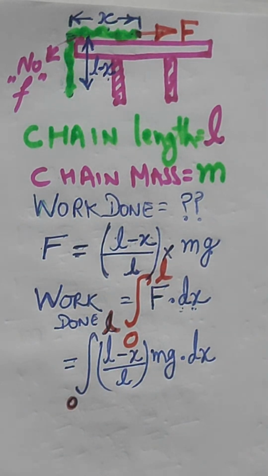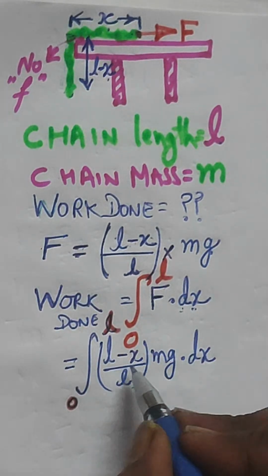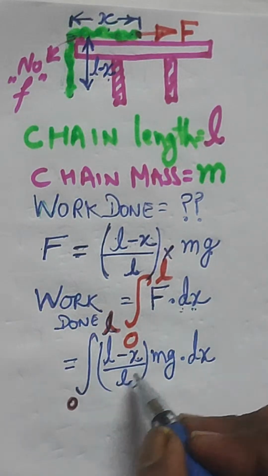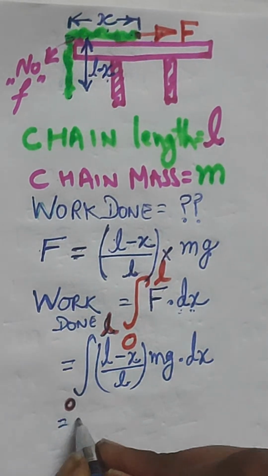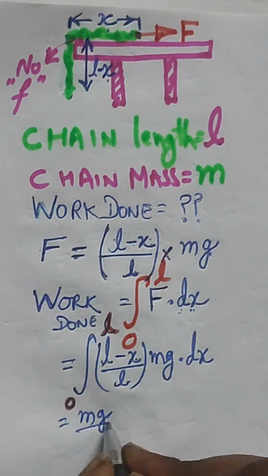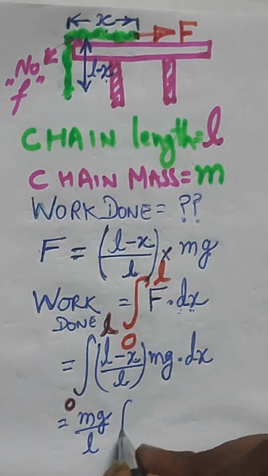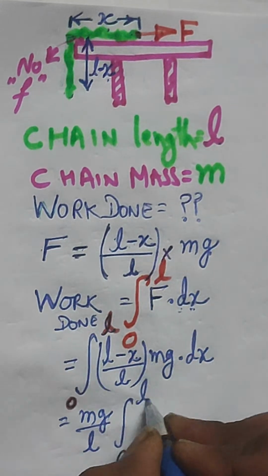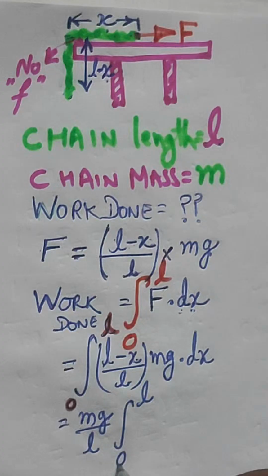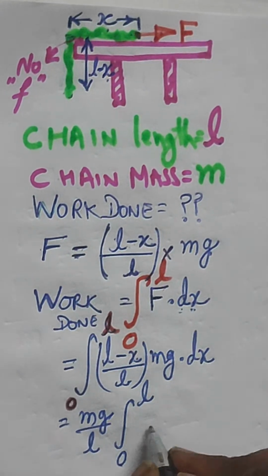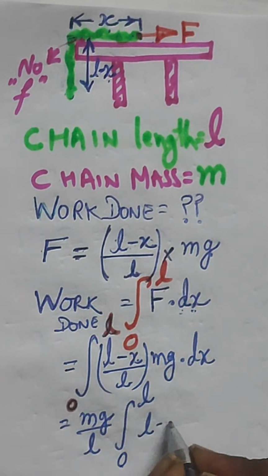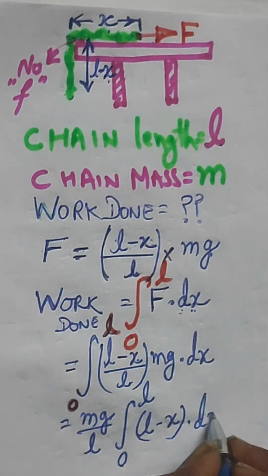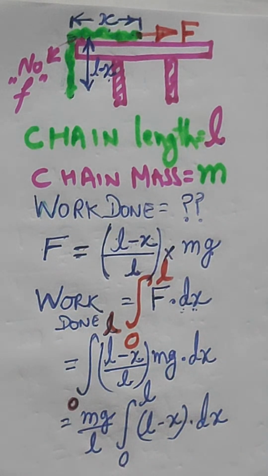Now here you can see L minus x will remain, and mg by L is the constant term, so we can pull it out. So mg by L will come out of the integration, and in this 0 to L limit, with the length of the chain varying from 0 to L, (L minus x) dot dx will remain, right?